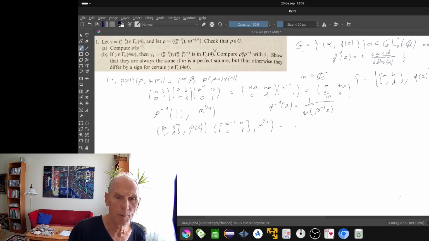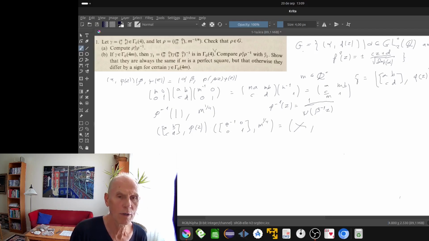So, of course, it's the product of the matrices. And then the interesting, that's m to 1/4. And then psi of, and the inverse, that is still, of this one, yeah, that's still just unity.